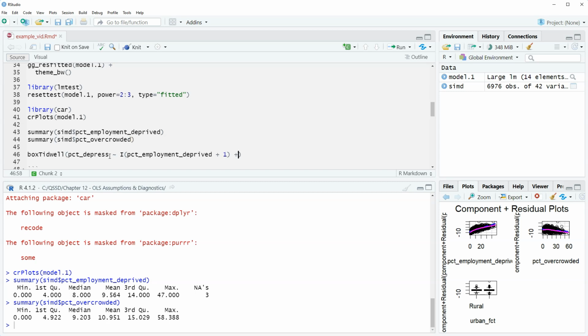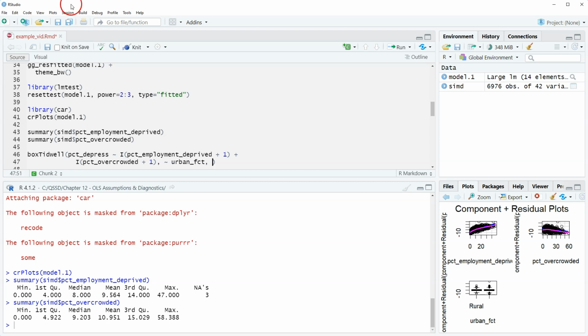And then plus, I'm just going to go down the next line here. The I function again, and then percent overcrowded +1. Okay, then we're going to do comma tilde urban FCT.